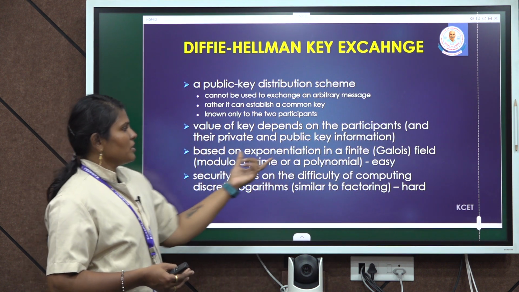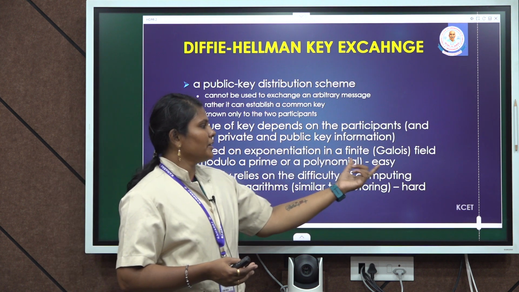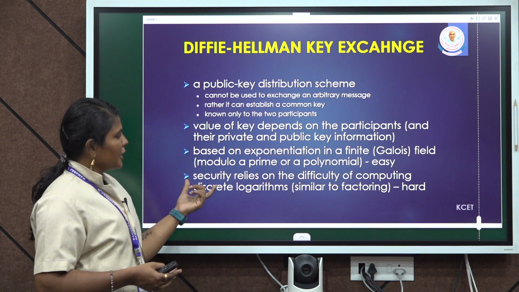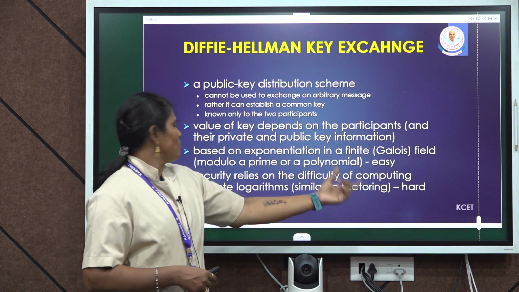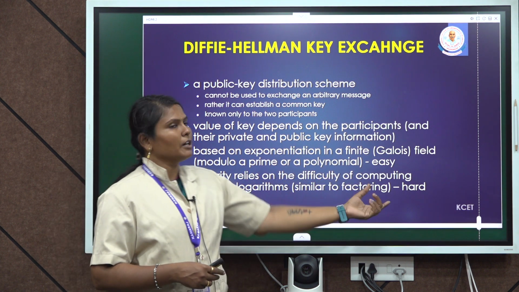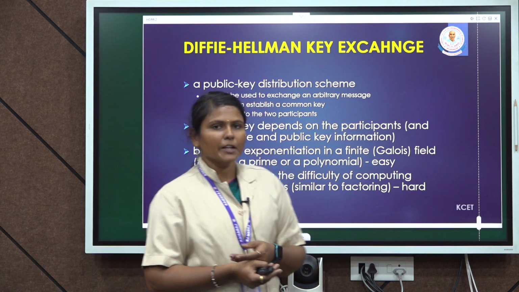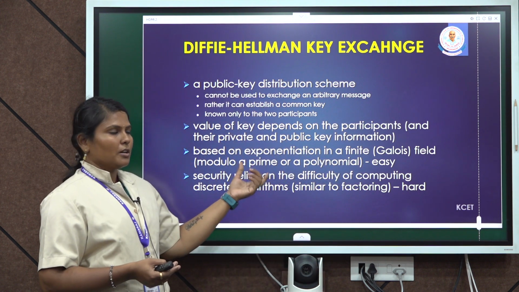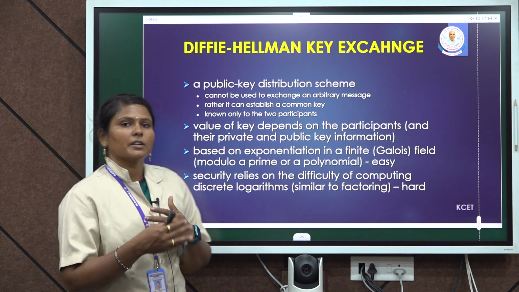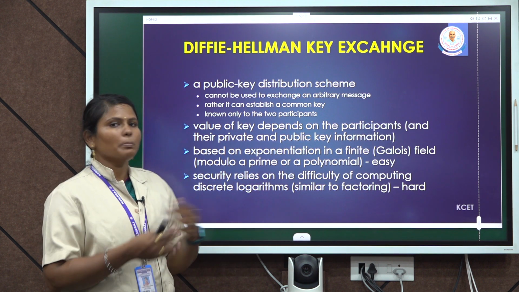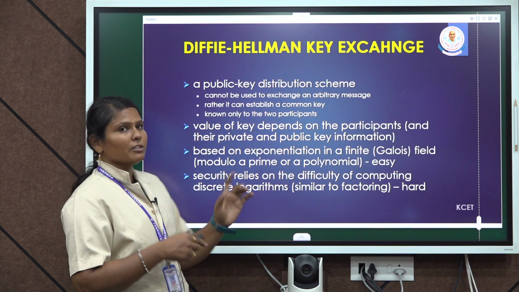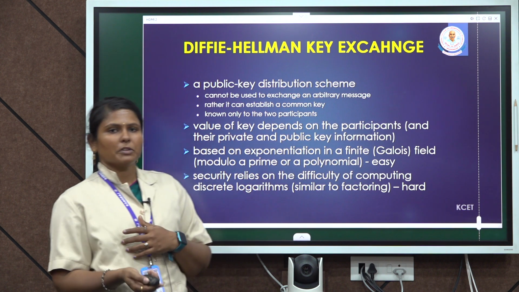Exponentiation in a finite field is easy. Then security relies on the difficulty of computing discrete logarithms, which is hard. The harder we make the discrete logarithm part in this exchange algorithm, the harder it will be for the cryptanalyst to break it.